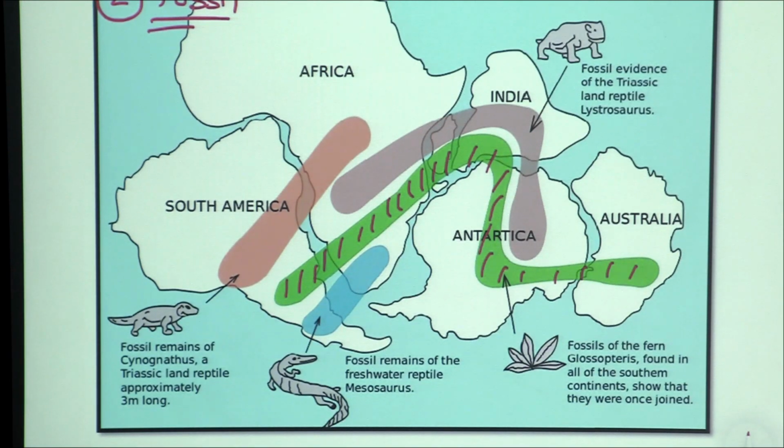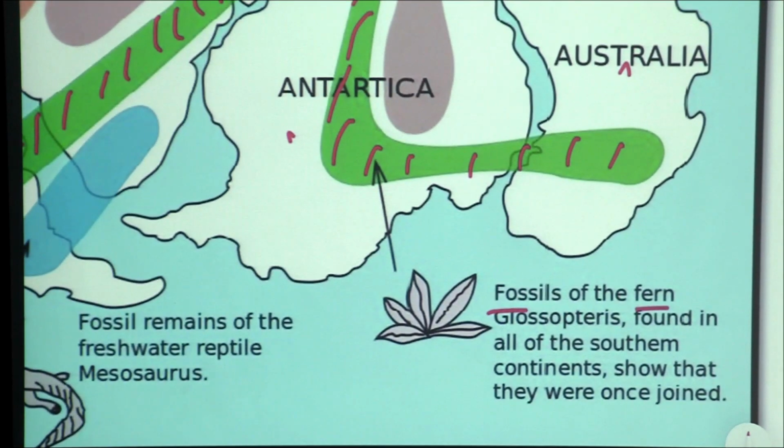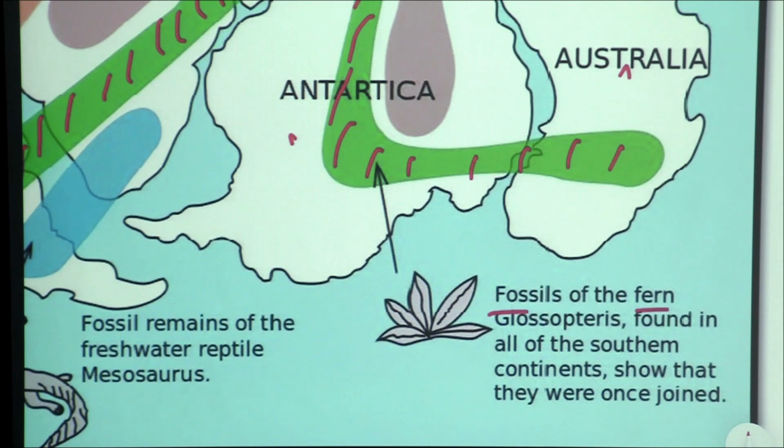So are we noticing that South America, Africa, this is Madagascar here, India, Antarctica and Australia, all of them have got the presence of fossils of fern. Fossil of fern called, I am slightly zooming it up here, fossil of fern called Glossopteris.